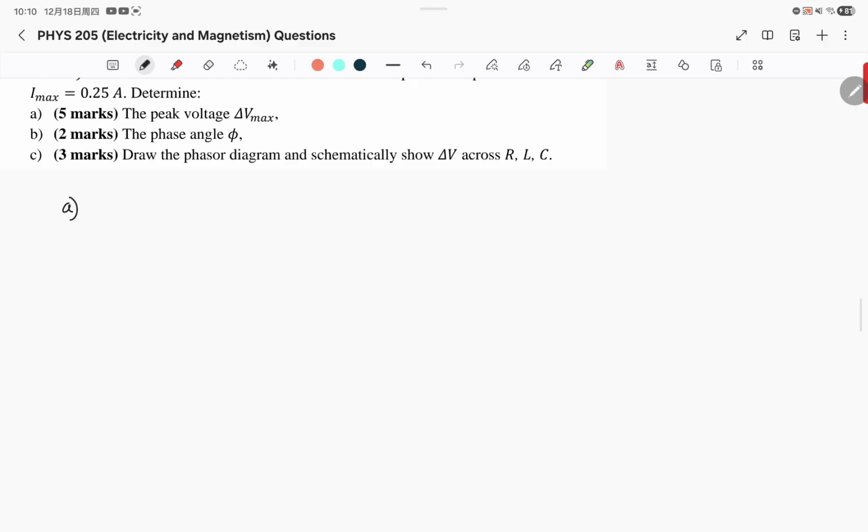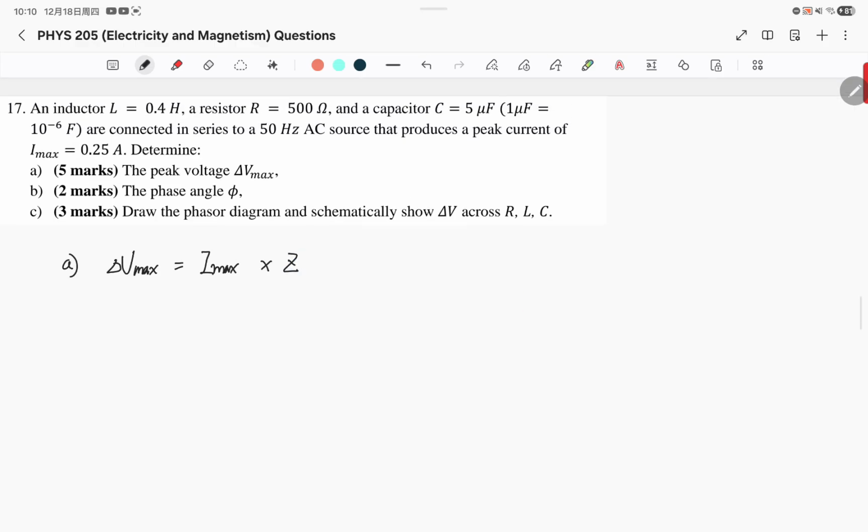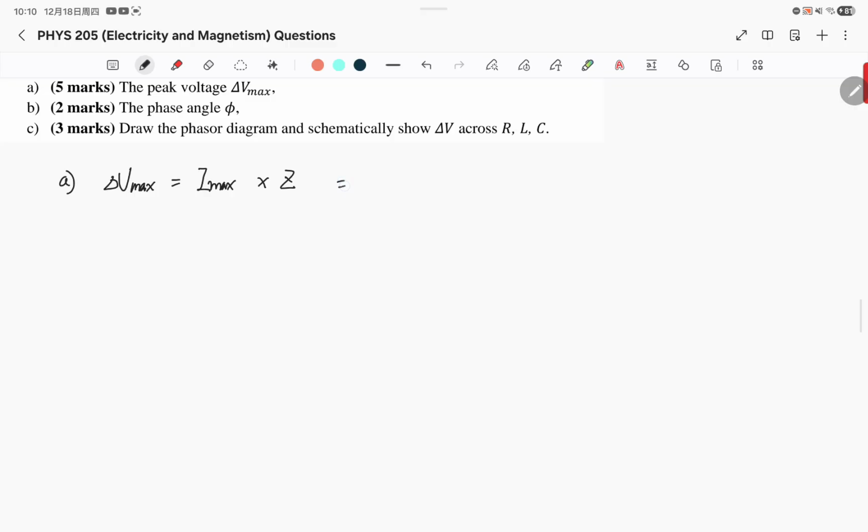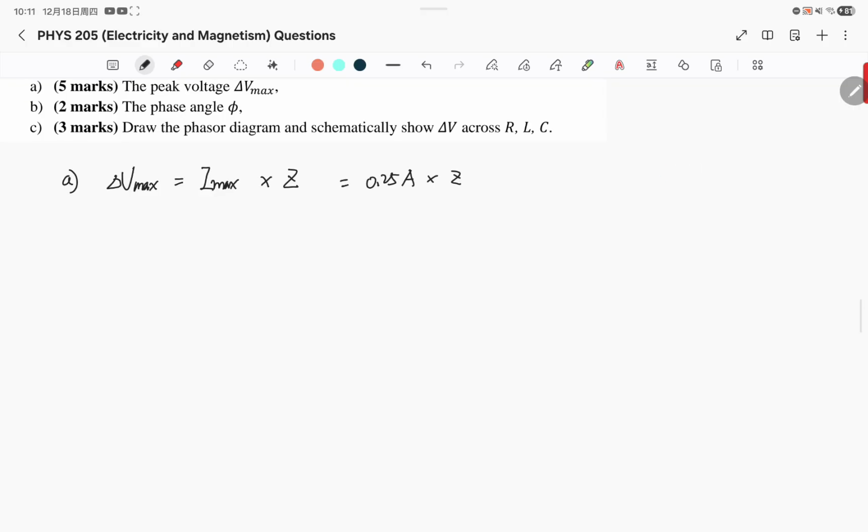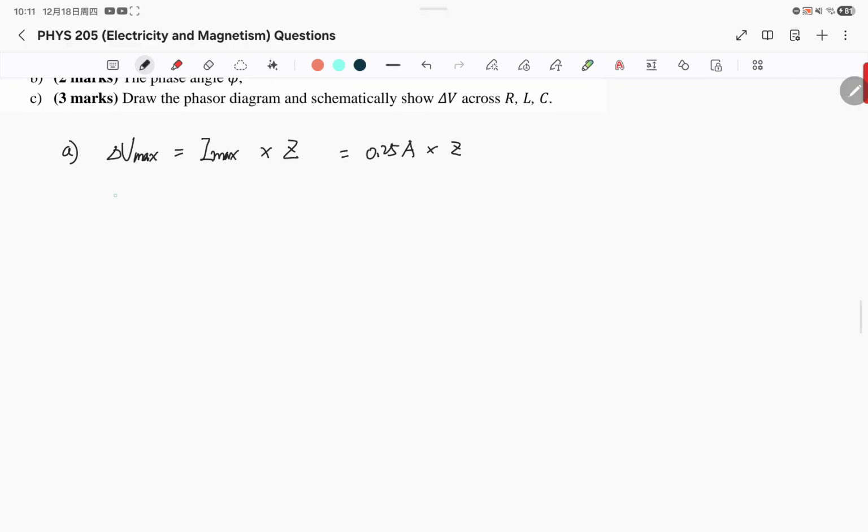In the formula sheet, you will see an equation like this. Delta V max is equal to I max times impedance. And I max is given. That's 0.25. So we need to find impedance.